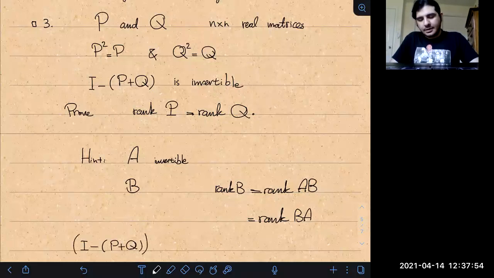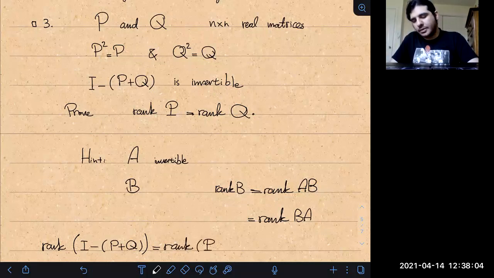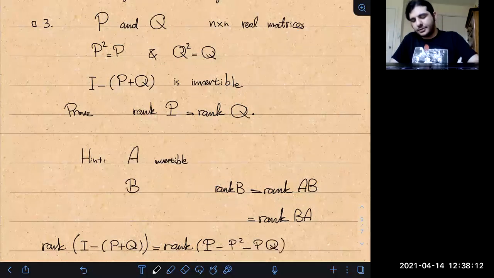So this lemma tells us the rank of this one is equal to the rank of P times this matrix, which would be P minus P squared minus PQ.